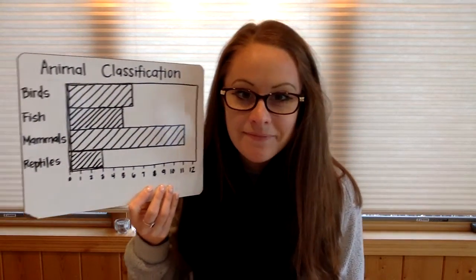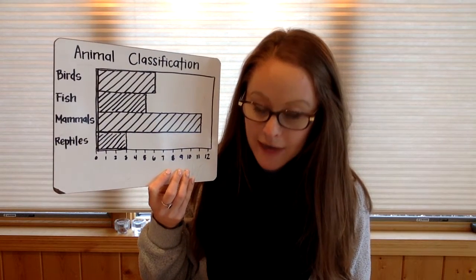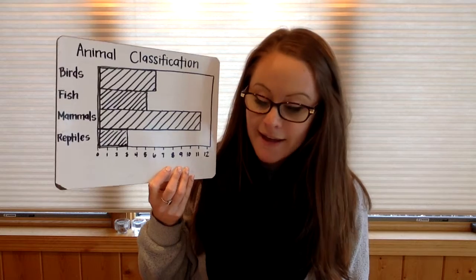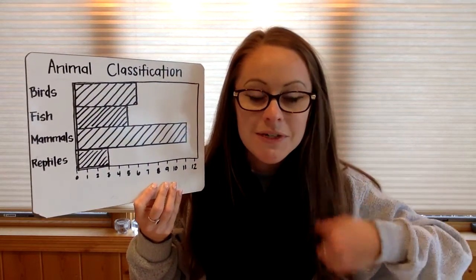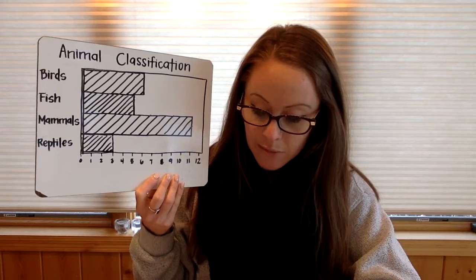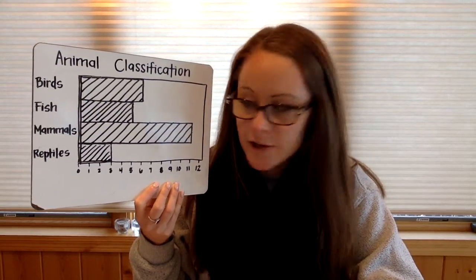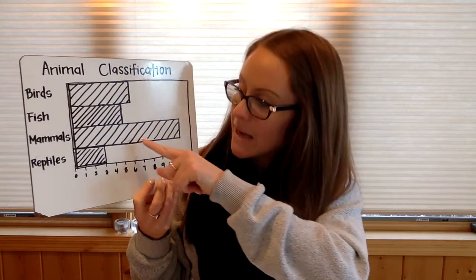Letter C. How many fewer animals are reptiles and fish than mammals? Okay, we're going to read this one more time. It's kind of a two-step thing, okay? It says, how many fewer animals are reptiles and fish than mammals?